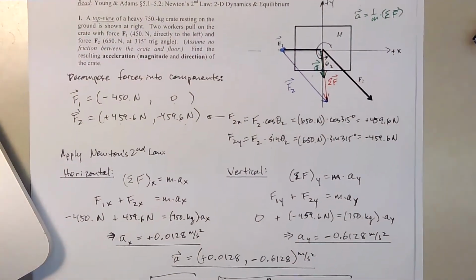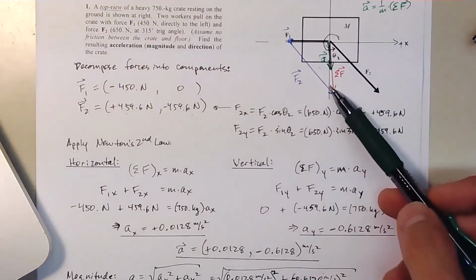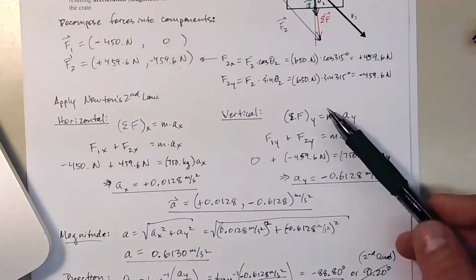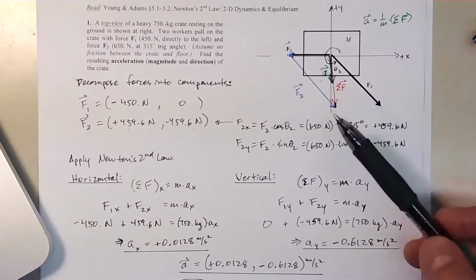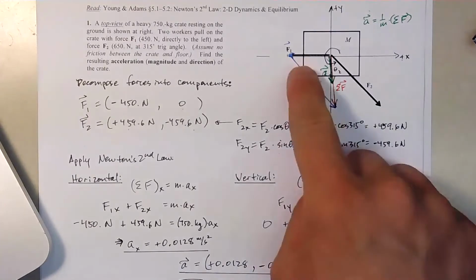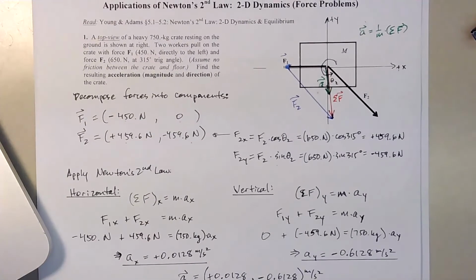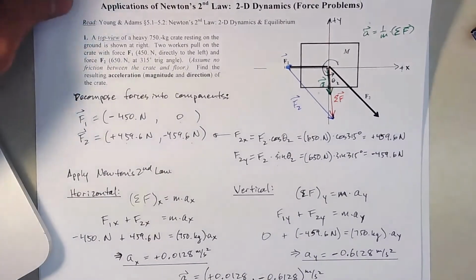That's good. So this little sketch shows me that the direction we got of negative 88.8 looks reasonable based on the geometry of this problem. I'm sorry that the original diagram was so inaccurate. All right, so that's number 1.